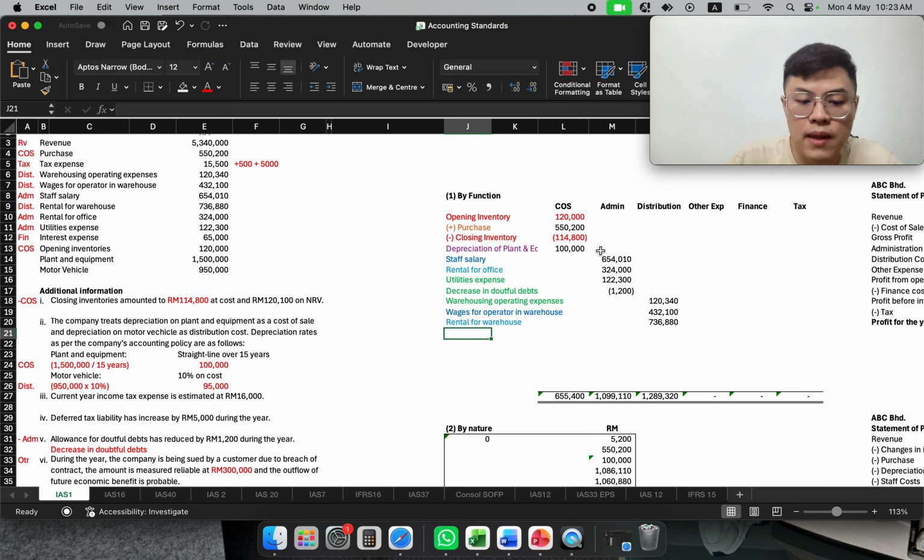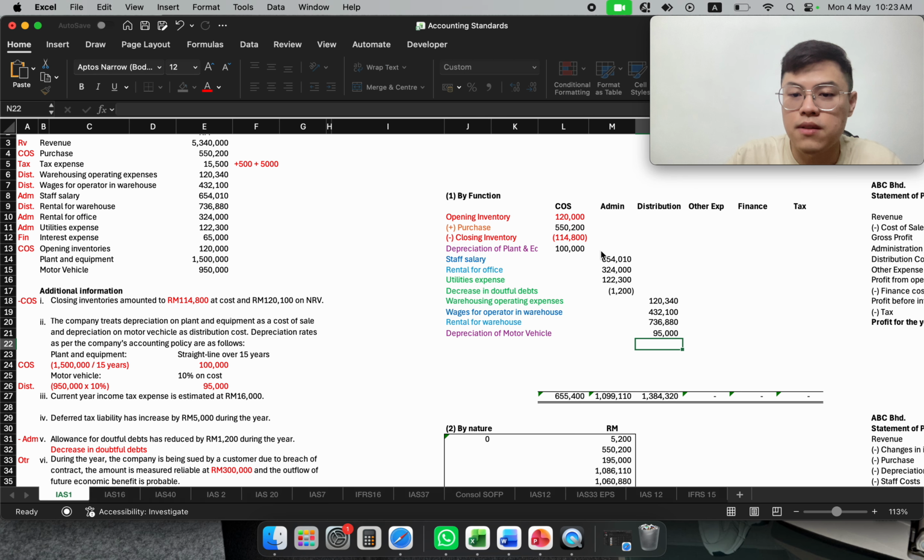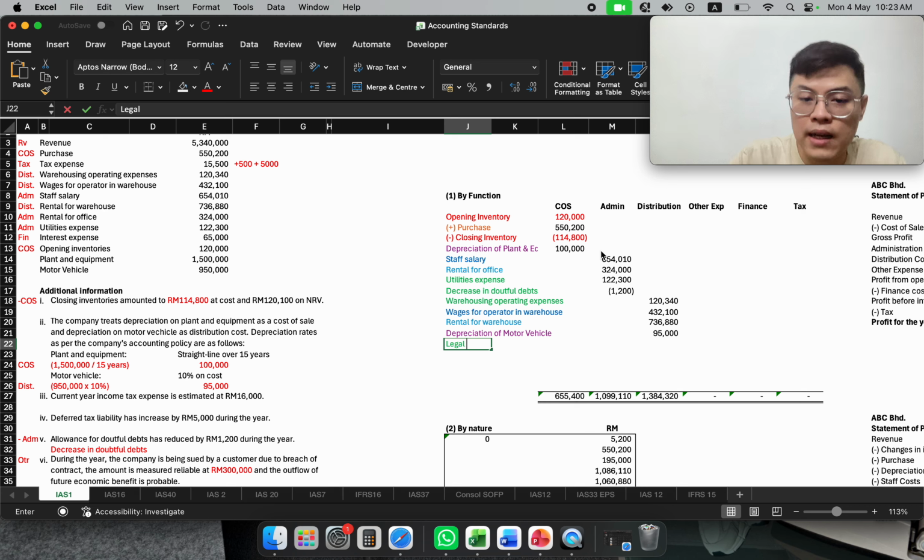And we have the depreciation of my motor vehicle. So depreciation for motor vehicles, 95,000.